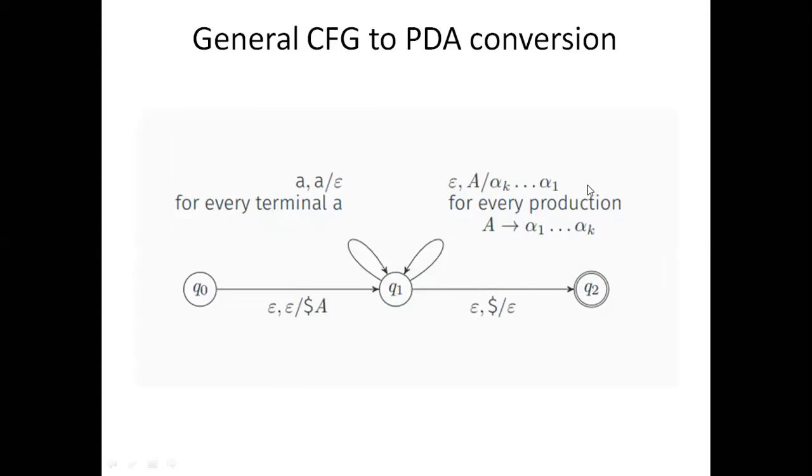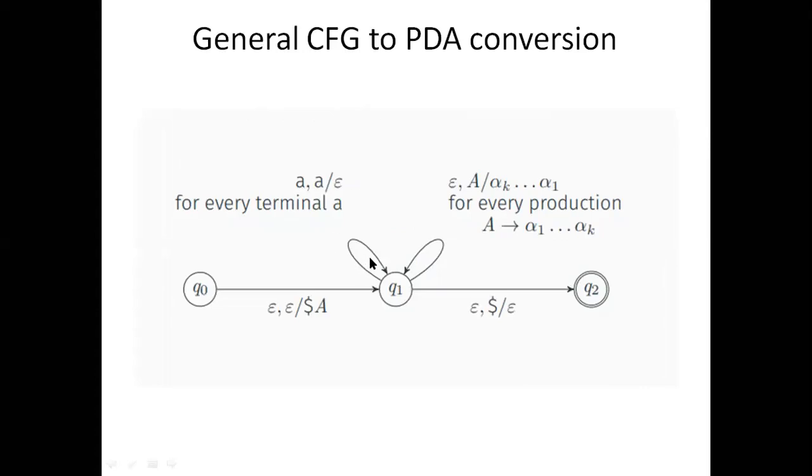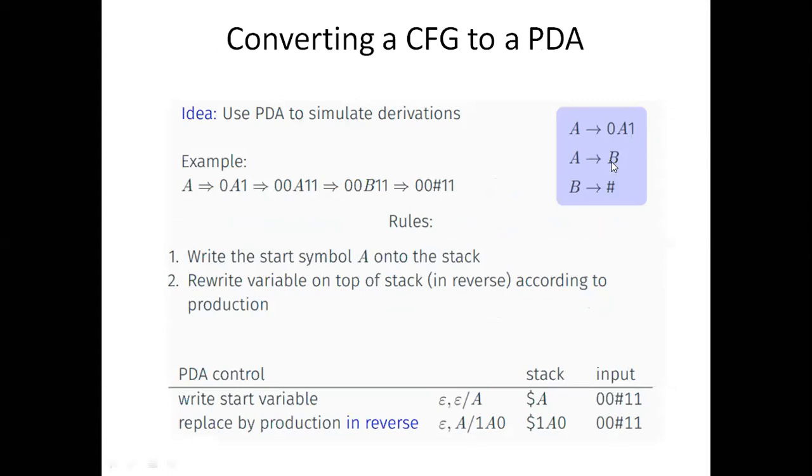This is the general rule for how a production is converted to a transition on a PDA. A production rule in a context-free grammar will either have a series of non-terminals and terminals, or only terminals on the right-hand side.